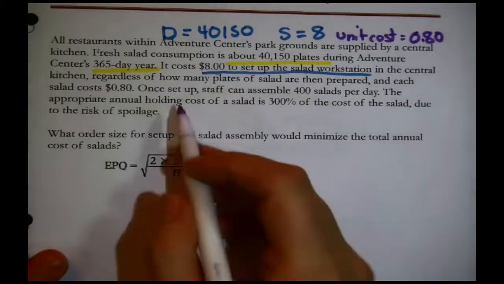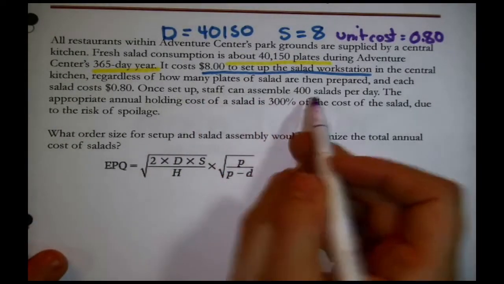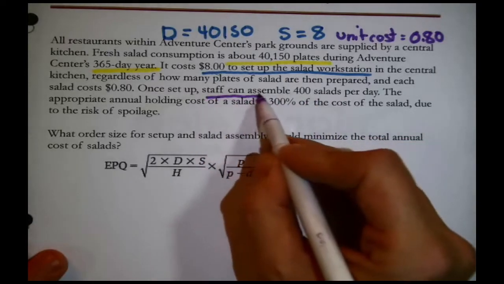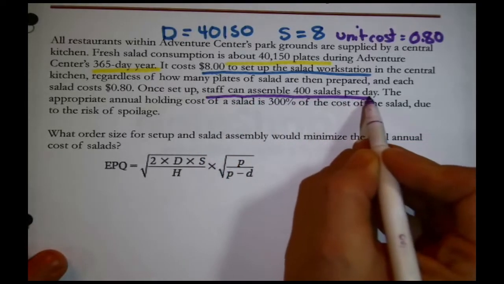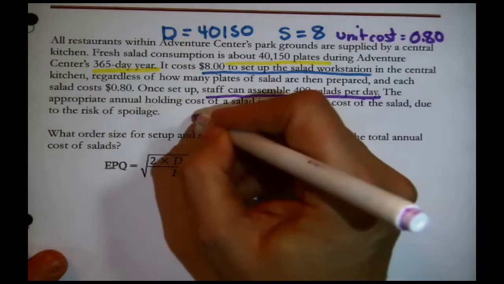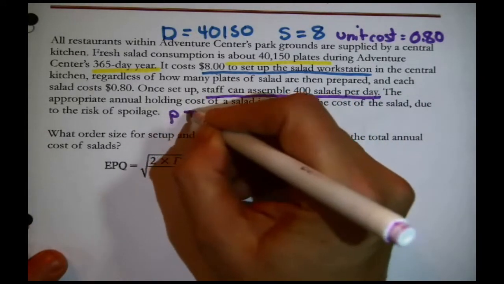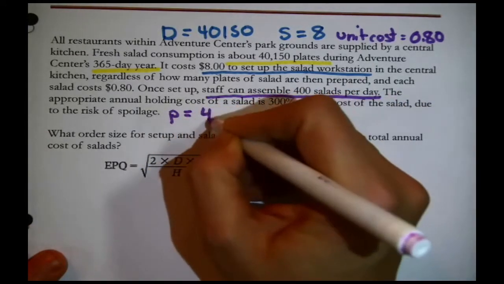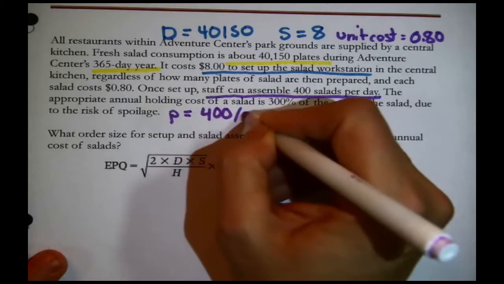All right, well, what else? Once set up, the staff can assemble 400 salads per day. Perfect. That is lowercase p for the daily production rate. They can produce 400 a day.